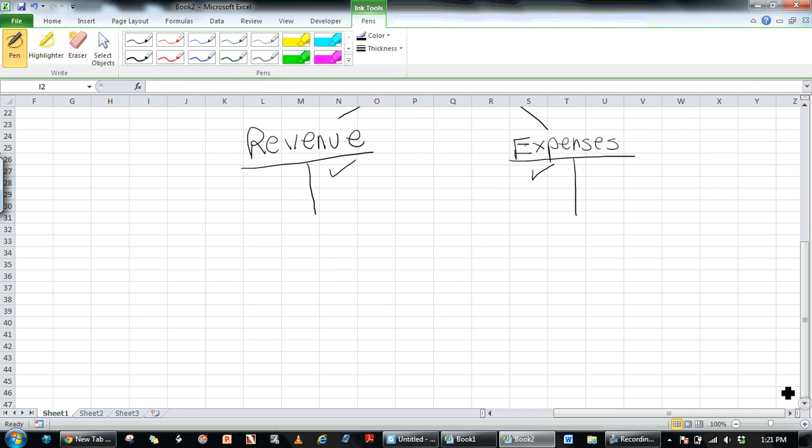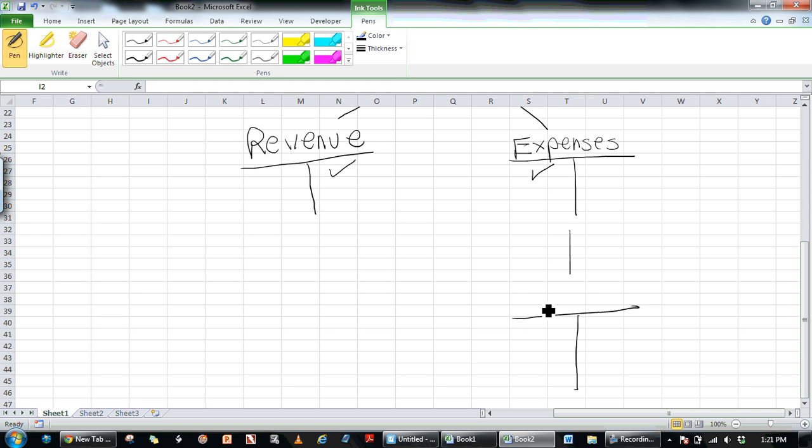Then we made our sixth classification for cost of goods sold. The reason I'm putting this under expense is because cost of goods sold is really just an expense. It's the expense of buying the merchandise that you sell.